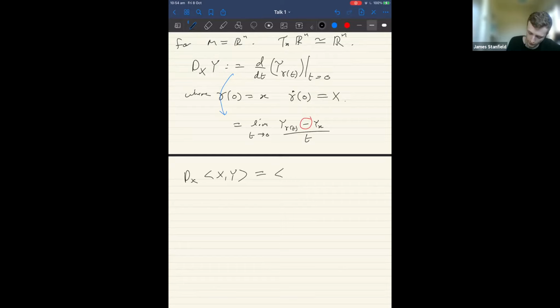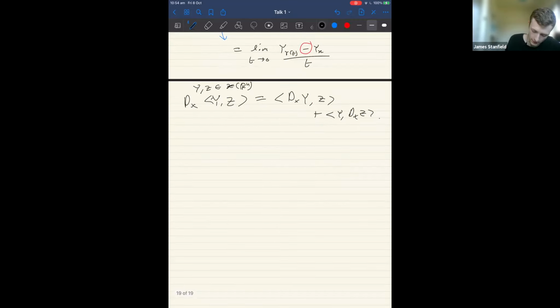Then by just the product rule, this is the directional derivative of Y, Z plus Y, the directional derivative of Z. So that's one thing we might want to take with us when we generalize this thing.